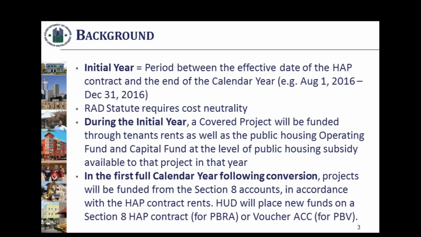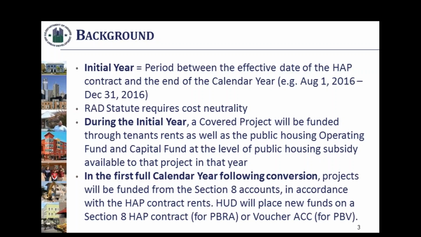Just as background, just to define a couple of things. Sorry, this page is a bit wordy. The initial year is the term that we use to refer to what's almost always a partial year, the period between when the contract is effective and the remainder of the calendar year.